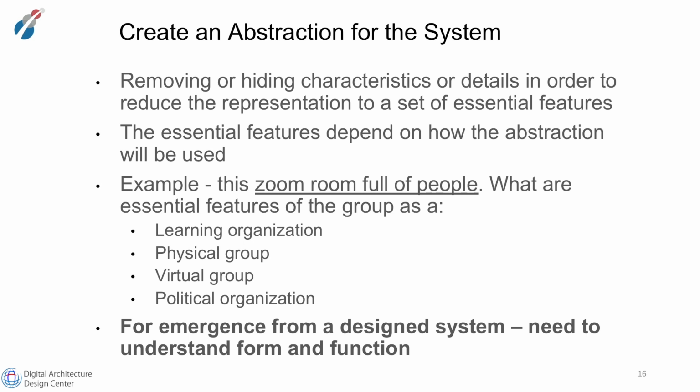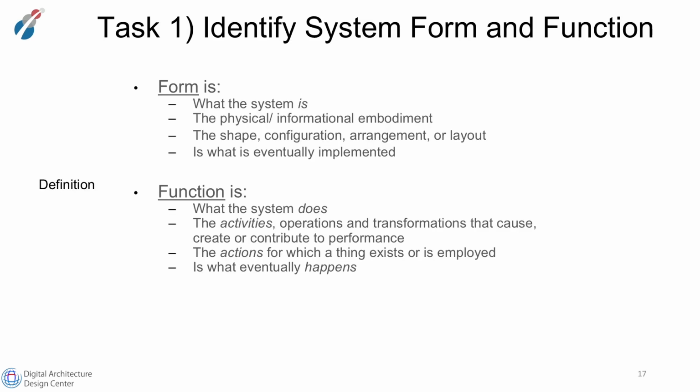And so for emergence from a design system to be understood, we need to go a bit deeper and look at form and function of the system. Separating clearly the form of the system from the function is one of the most important things that we teach in system design.